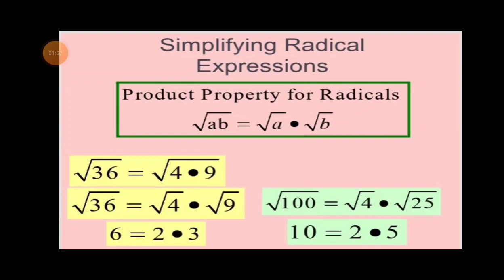So the square root of 100 is equal to 10. The square root of 4 is equal to 2. And the square root of 25 is equal to 5. So we have 10 is equal to 2 times 5.